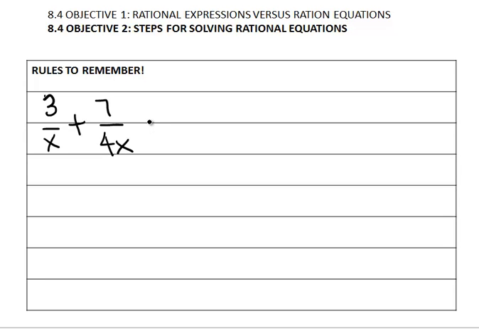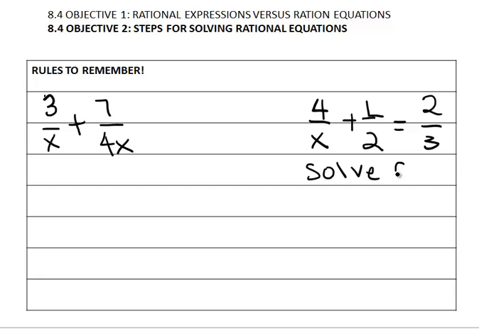And that's all you can do with an expression. An equation, on the other hand, obviously has an equal sign. So here I could say 4 over x plus 1/2 equals 2/3. And I could eventually take this and solve for x.